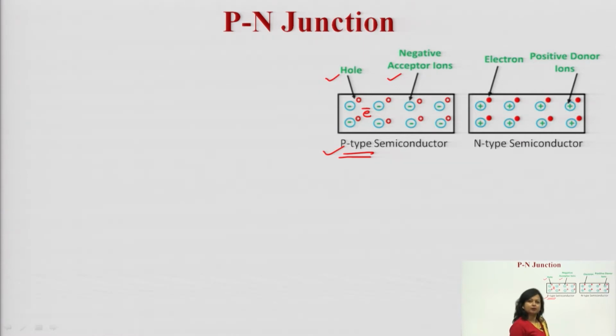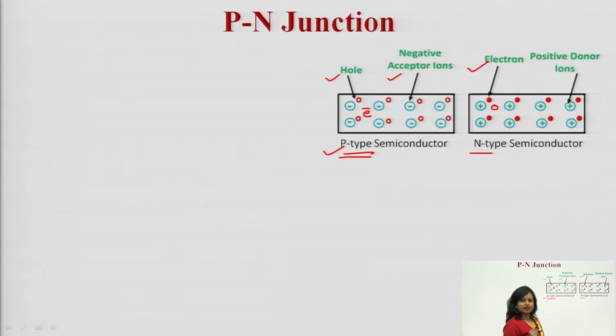When we talk about the N-type semiconductor, a pentavalent impurity is added, for example nitrogen, phosphorus. Each impurity atom can contribute one free electron. So in an N-type semiconductor, the majority charge carriers are electrons, and holes are in the minority.